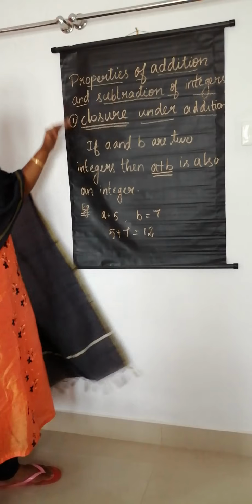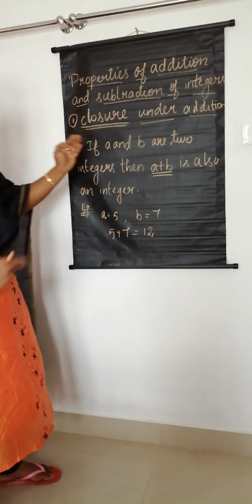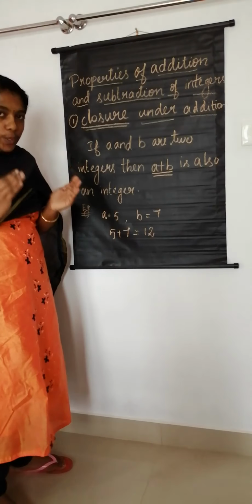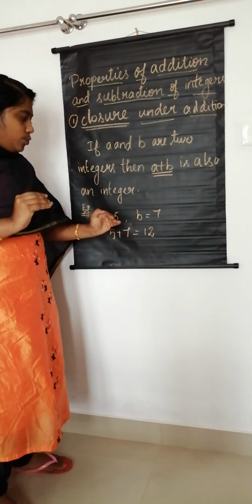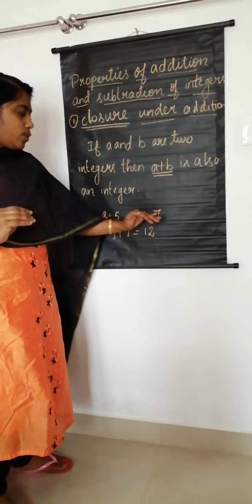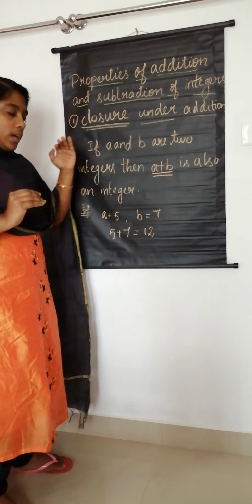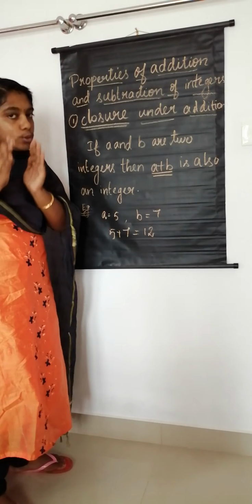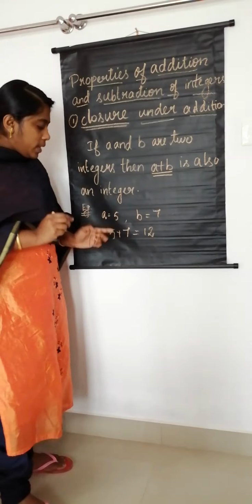This is the first property, closure under addition. If we take any two integers, here I have taken 5 and 7, then A plus B is also an integer; the sum of those two numbers will also be an integer.